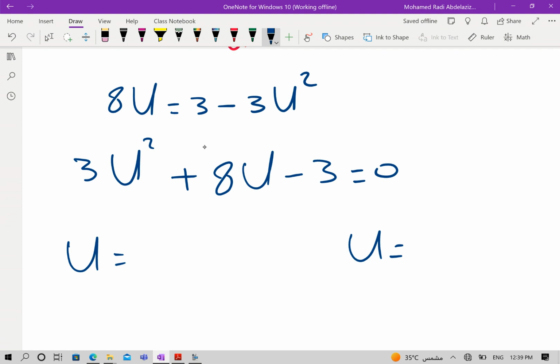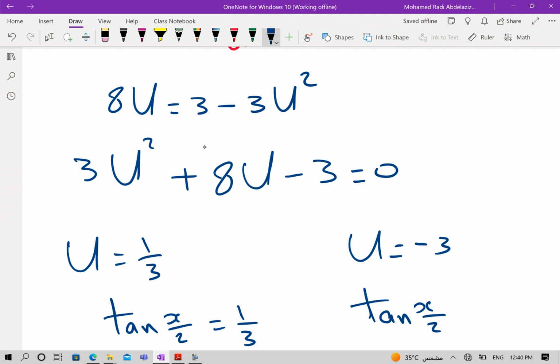What are the values of u? 1 over 3 or negative 3. So tan x over 2 is one third, or tan x over 2 is negative 3.